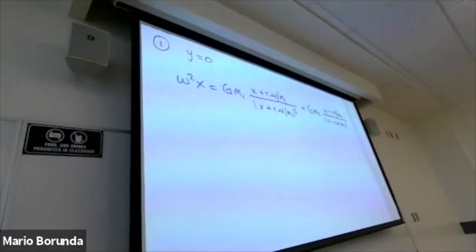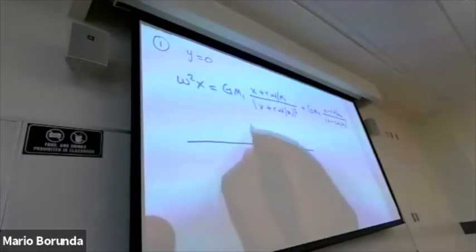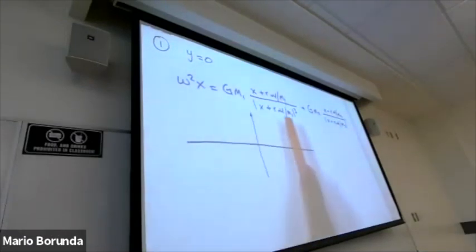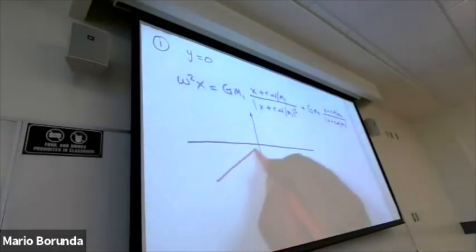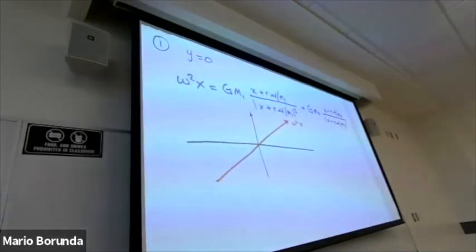And then, sitting on y is equal to 0, I can plot here, let me plot the left side and then the right hand side. When are these two equal? Well, this line right here represents omega squared x, right?